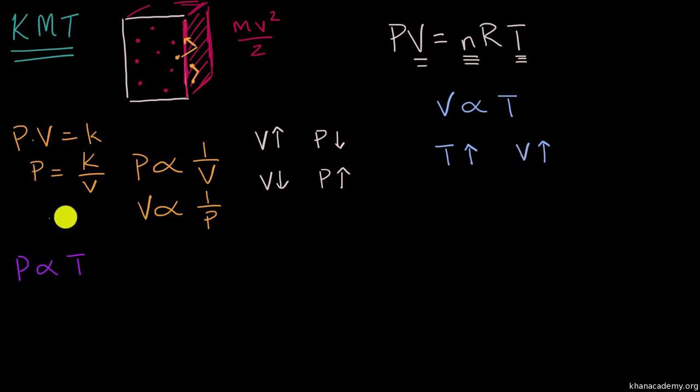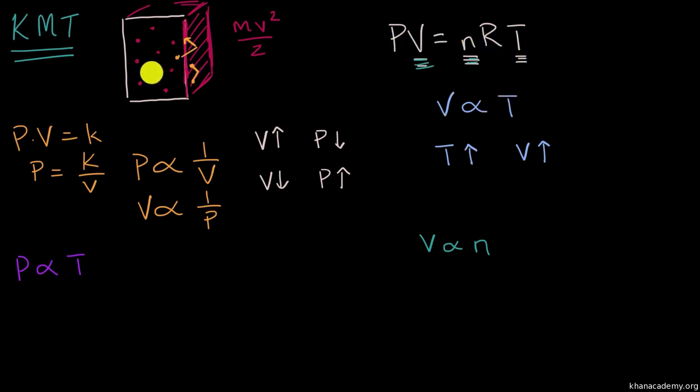Now, another one is the relationship between volume and the number of moles. If everything else is held constant, the ideal gas law would tell us that volume is going to be proportional to the number of moles of the gas that we are dealing with. And that makes sense because, once again, you're holding everything else constant. You want pressure to be constant, temperature to be constant.